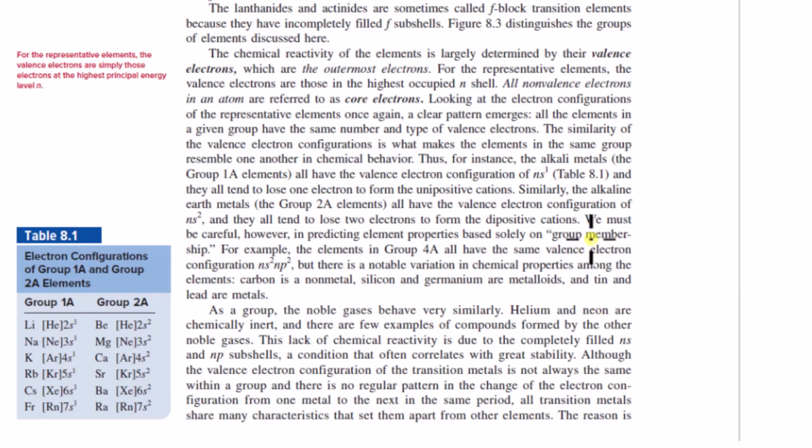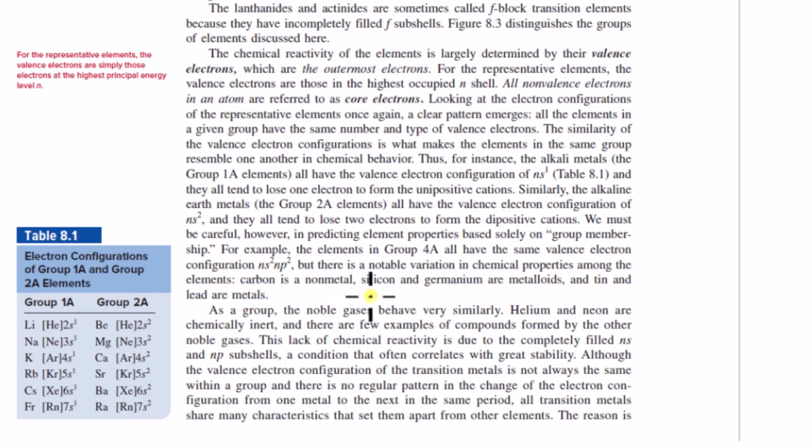Okay, but now they did mention that we must be careful, however, in predicting element properties based solely on group membership. So the column membership isn't foolproof, because they give the example of group 4A, where there's a notable variation in chemical properties among the elements.